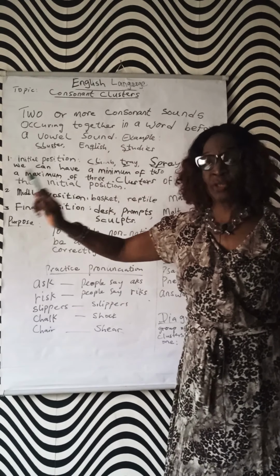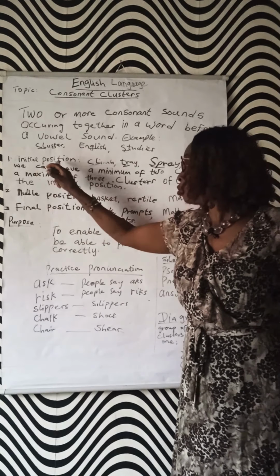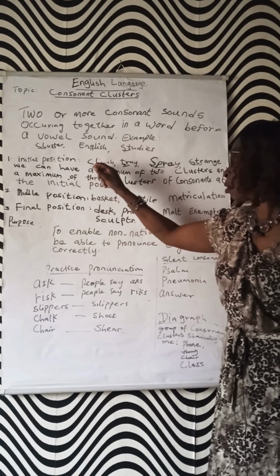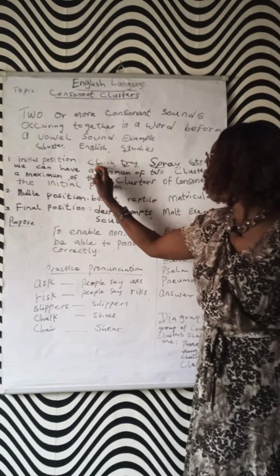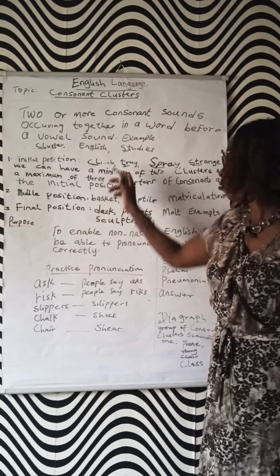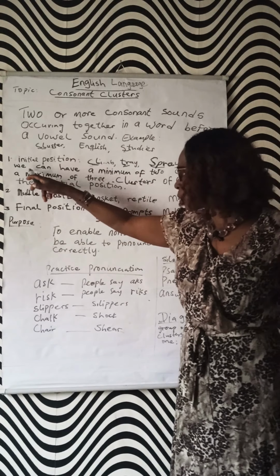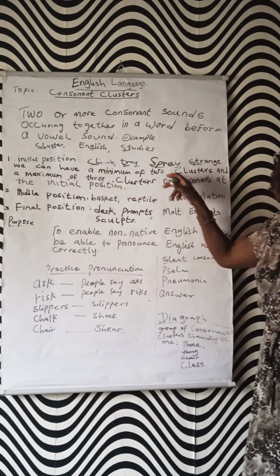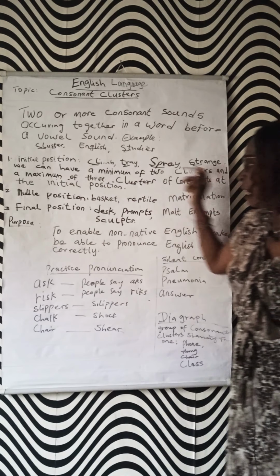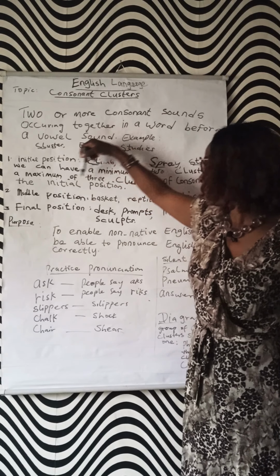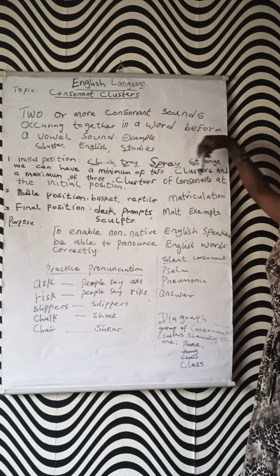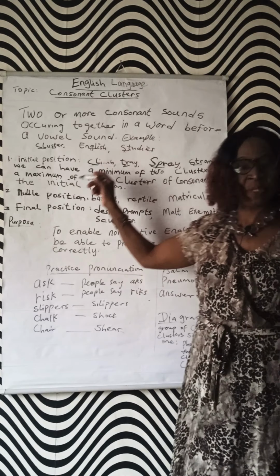So we can actually find at the initial position of a word consonants clustering together before a vowel sound is found. So we can have a minimum of two consonants and a maximum of three consonants at the initial position.